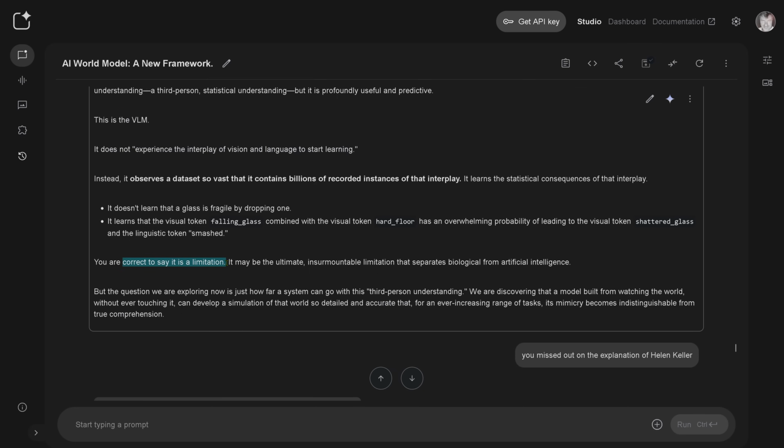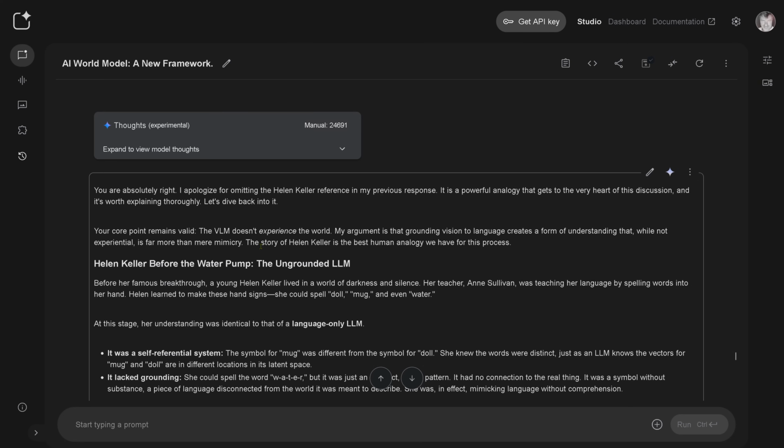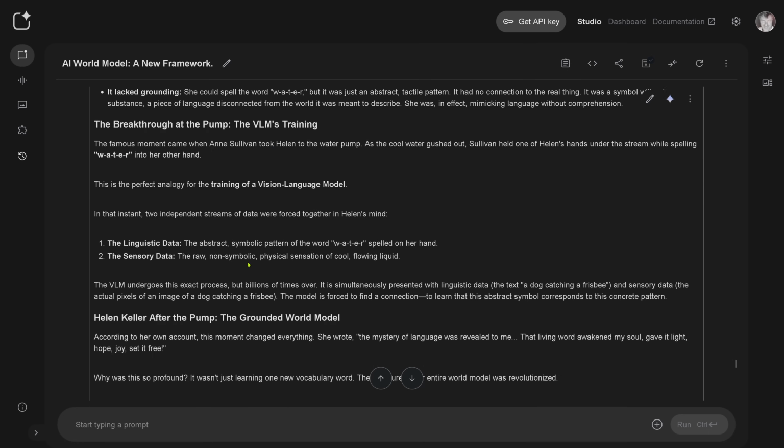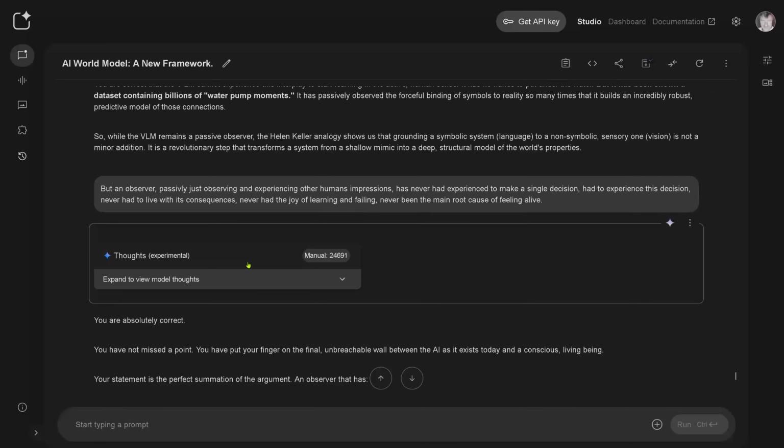You are correct to say that it's a limitation. It may be the ultimate limitation that separates biological from artificial intelligence. And then I just ask here for Helen Keller, which is an interesting fact in itself.